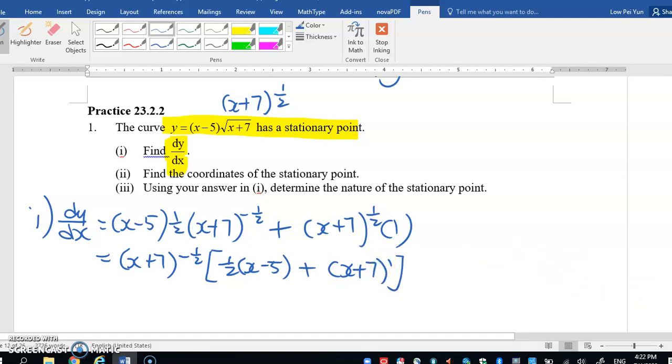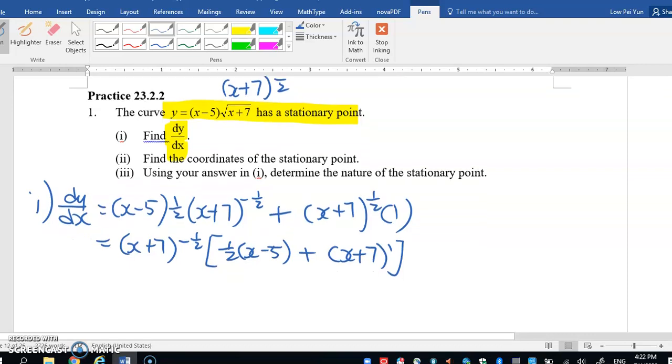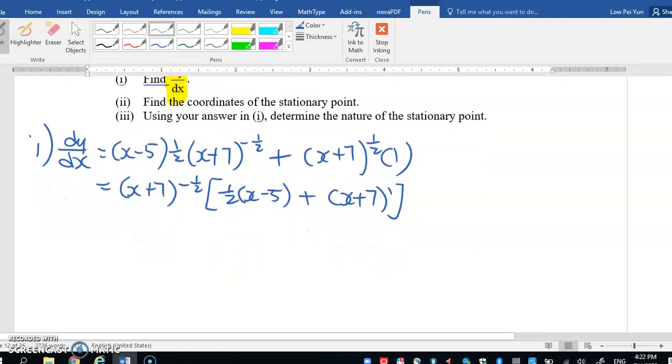And I can now simplify the whole expression. I'm going to first put this at the denominator because I have negative power. This is going to be the square root of x plus 7. And over here, I am going to have half x plus x is 3x over 2.